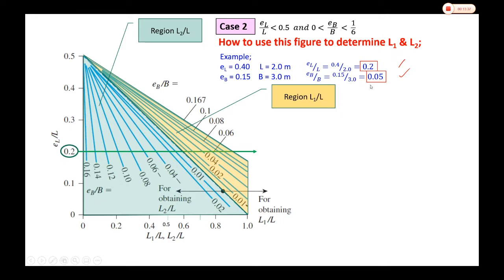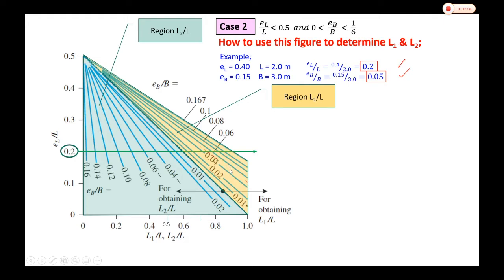Now we need to identify where the line of EB over B for 0.05 is. As you can see here, we only have 0.04 and 0.06. Obviously, in the middle of 0.04 and 0.06 is 0.05.